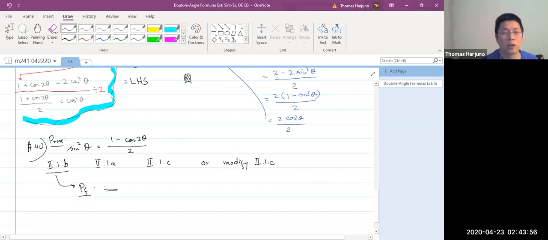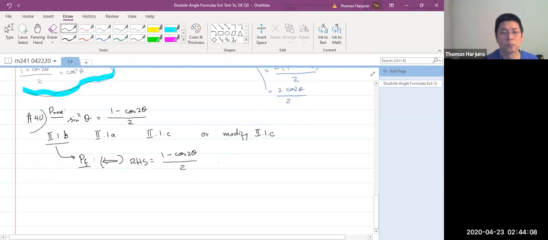from right to left. Right hand side, we get 1 minus cosine 2 theta over 2. That will be 1 minus 2 cosine squared theta minus 1 over 2.